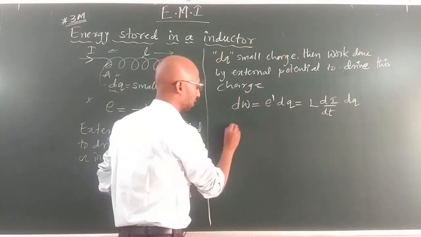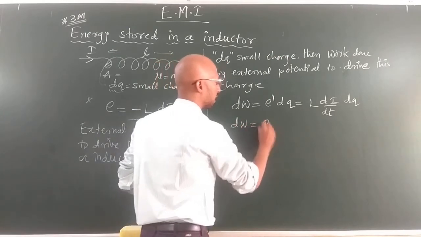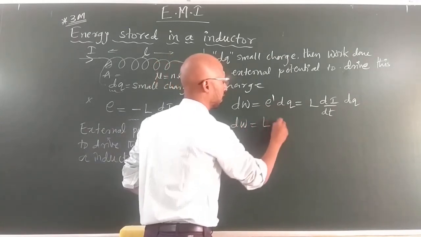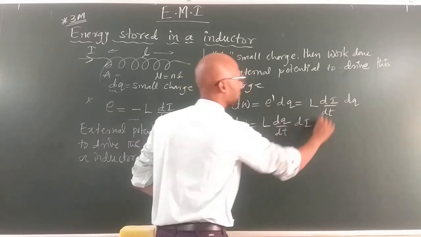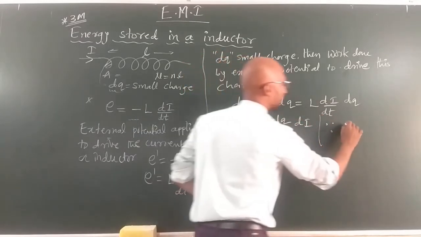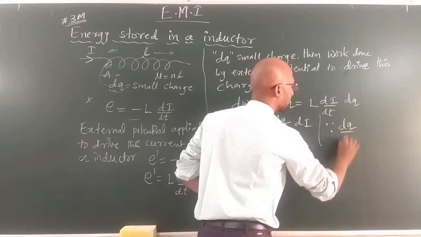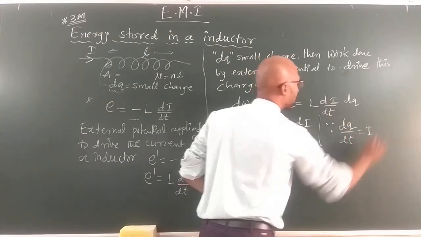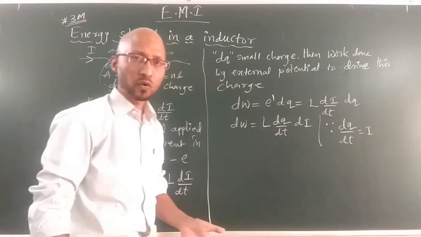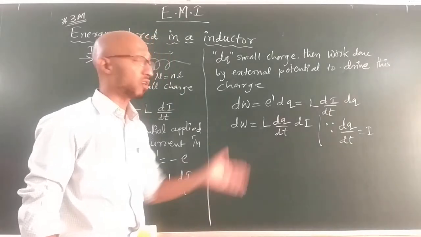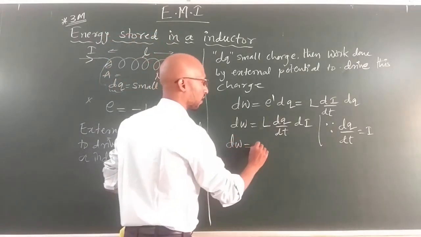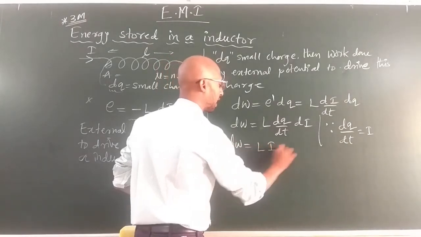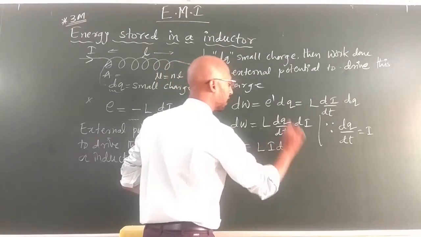Now if I rewrite the equation like this, L dq by dt into di. Here, as per the definition of current, dq by dt is what? The rate of flow of charges is called current. That's why it is L I di.